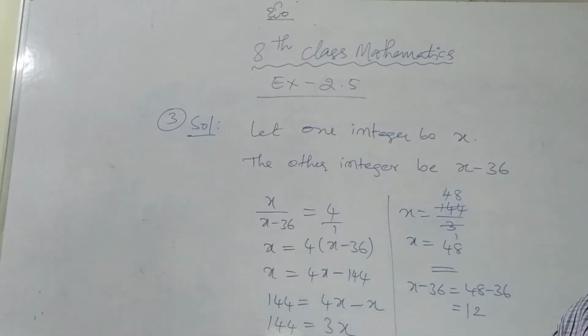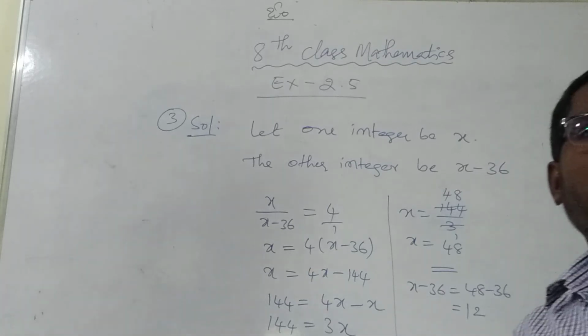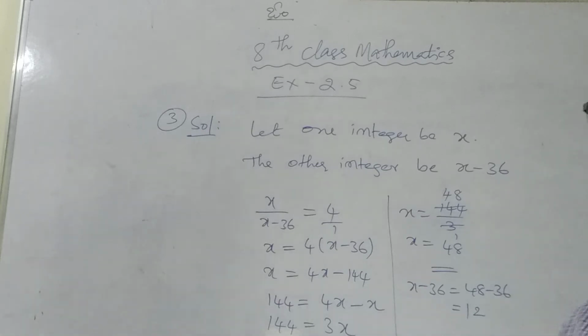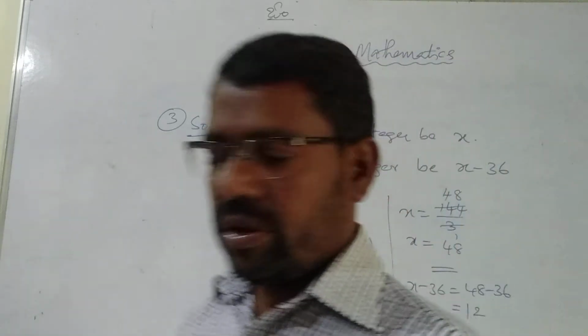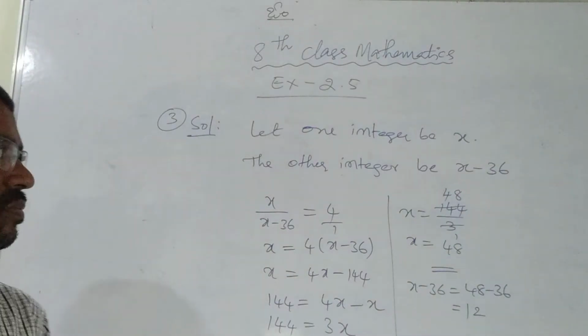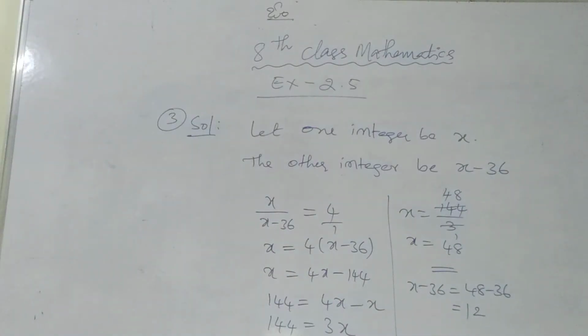By our general method we solve this question using transposition and simplification, reducing to simple equations as in your previous class. Okay children, this is very simple. Now you can find that. Write down the answer. Now one more question I want to discuss.